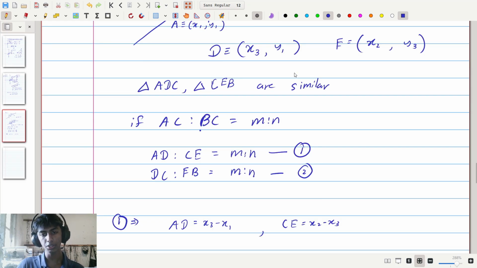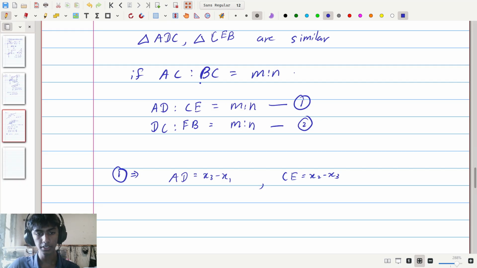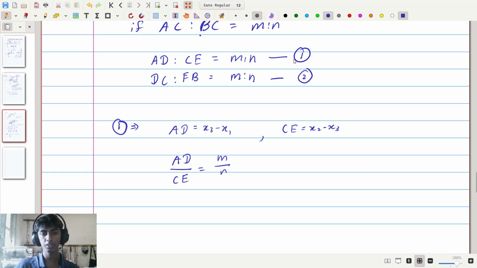We can say that AD divided by CE is equal to the ratio that we have, m divided by n. And then into this, if we substitute the two values of AD and CE, we get x3 minus x1 divided by x2 minus x3 is equal to m divided by n.